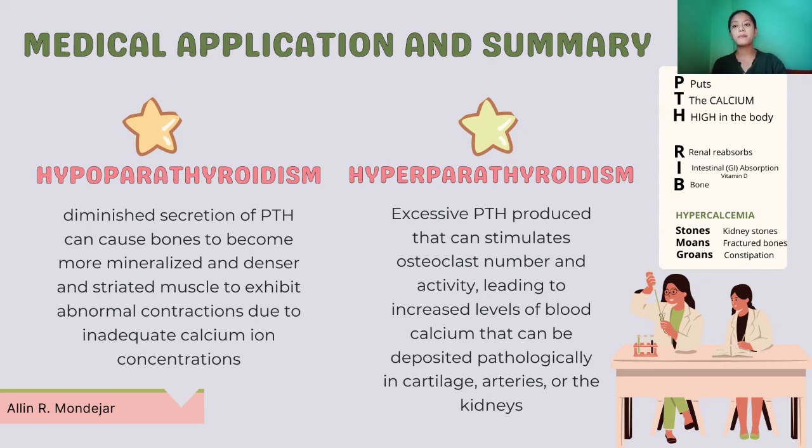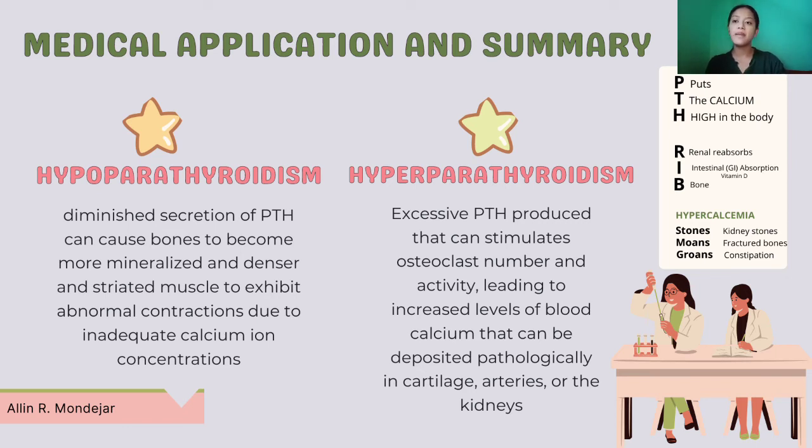To put it simply, it was stated from the previous discussion that the parathyroid gland controls and regulates the calcium level in our blood. How? By releasing the parathyroid hormone, which is responsible for putting the calcium level high in the body.